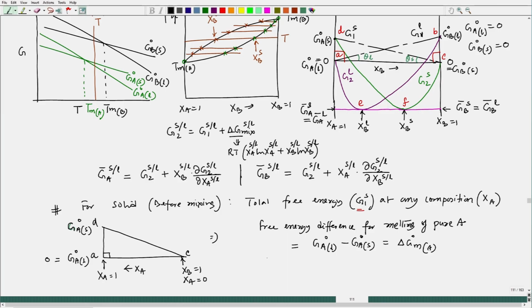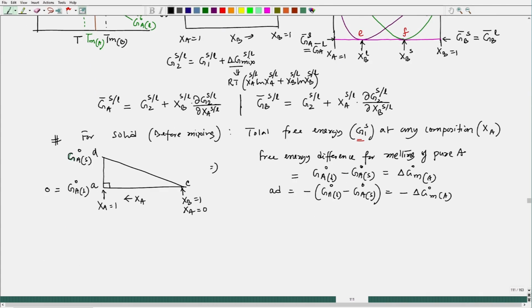So now if I try to find out AD, that would be minus of G A naught liquid minus G A naught solid, which is equal to minus delta G naught M A. Okay.